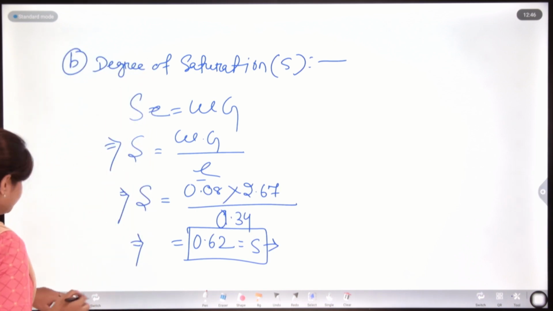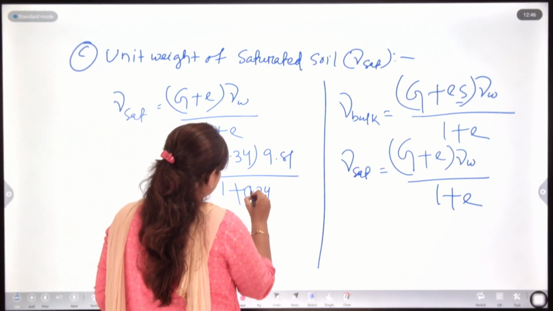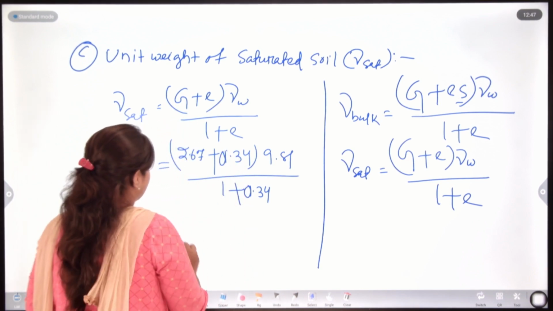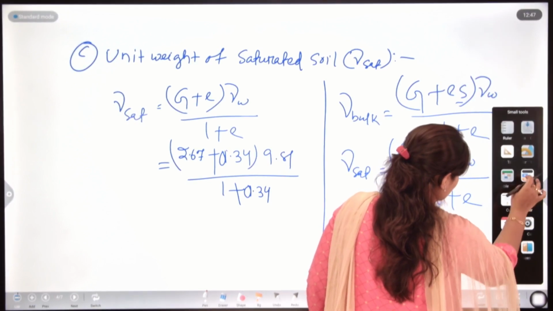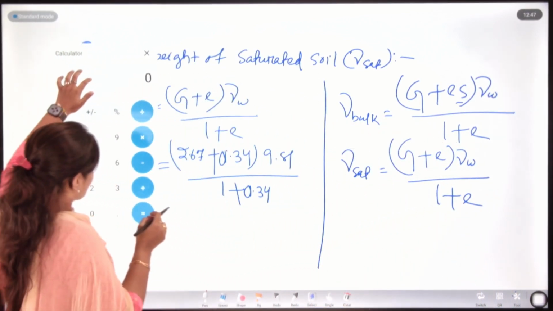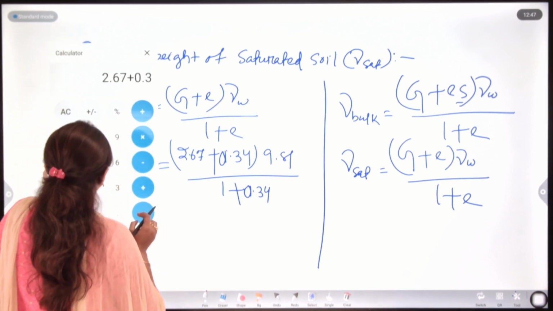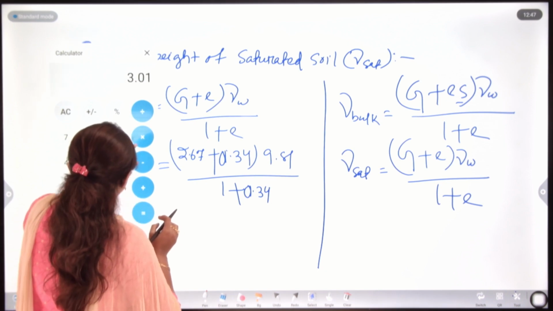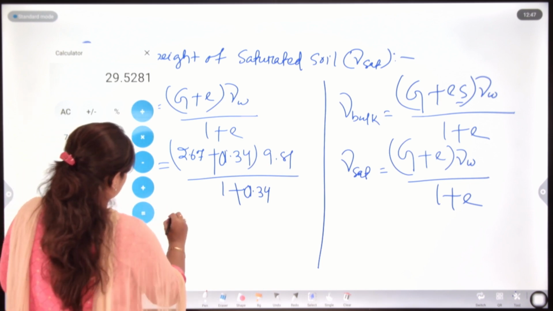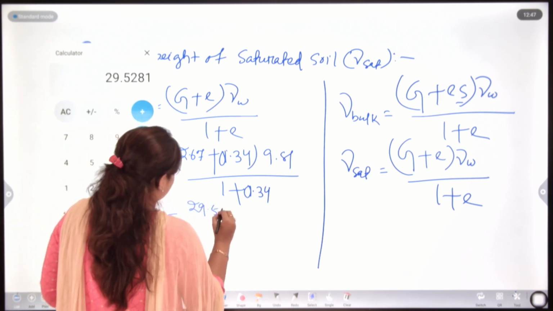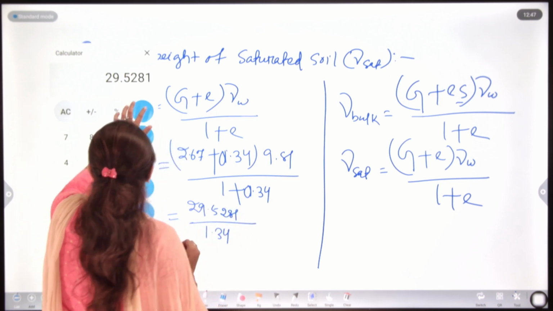Here e is your 0.34. Now, 2.67 plus 0.34 multiplied with 9.81 is 29.5281, divided by 1.34.